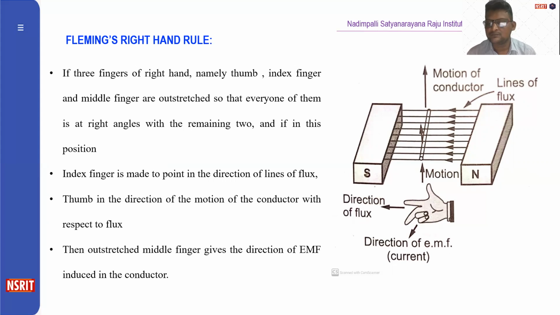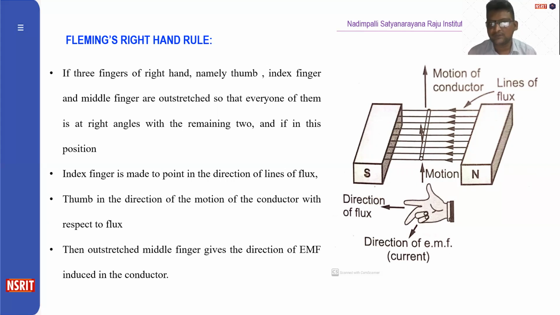The forefinger indicates the direction of the flux, traveling from north to south, and the middle finger indicates the direction of the EMF or current. This is Fleming's right hand rule.